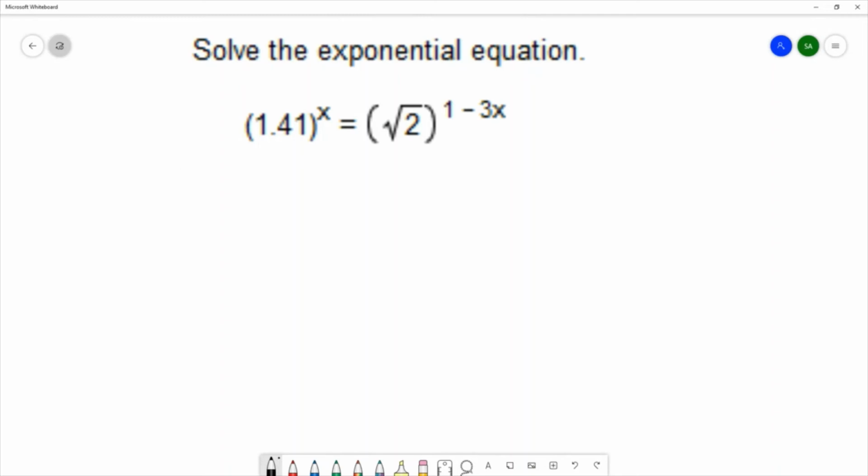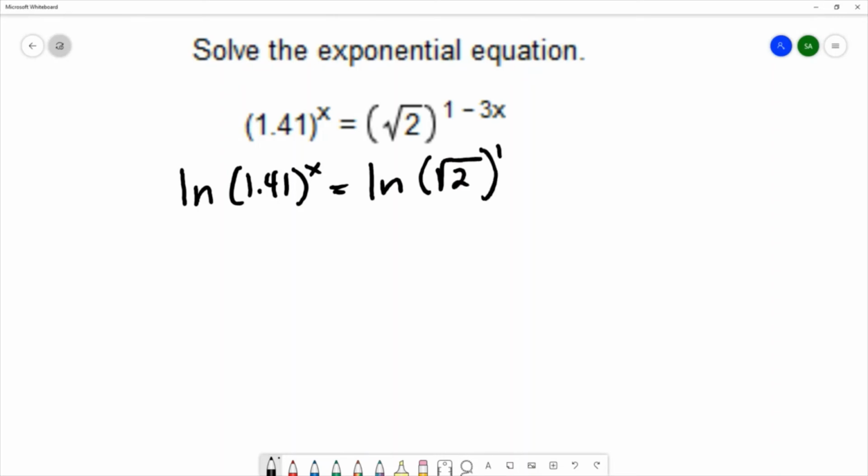I'll take the natural log on the left. I'll do the same thing to stay balanced on the right. Now that I've introduced the logs, I'm allowed to use the power rule for logarithms, which takes this power and makes it the coefficient on the log.